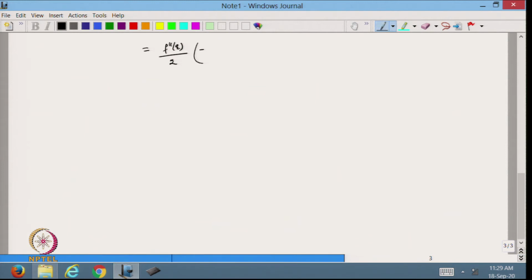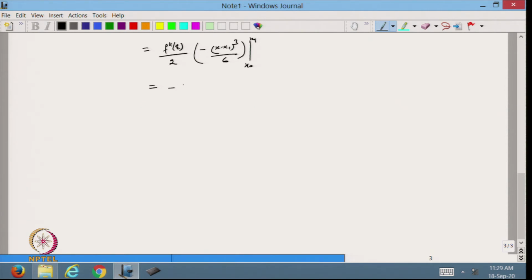So I can write minus x1 cube by 6, and then put in the limits x0 and x1. When I put the value x1 here it will be 0, and x0 will be with the negative sign, and this will be 12.